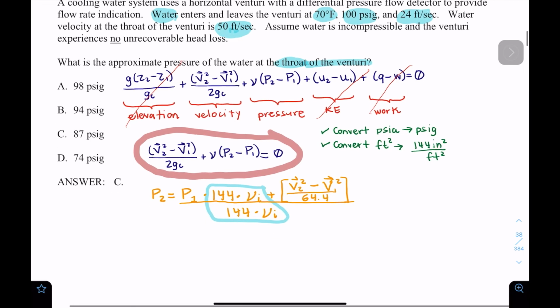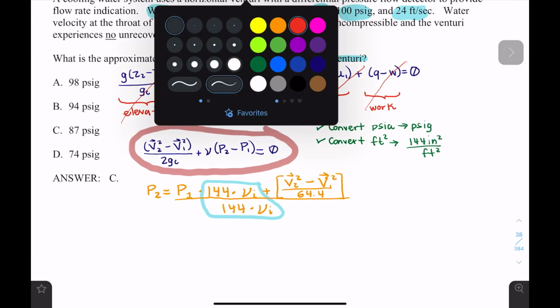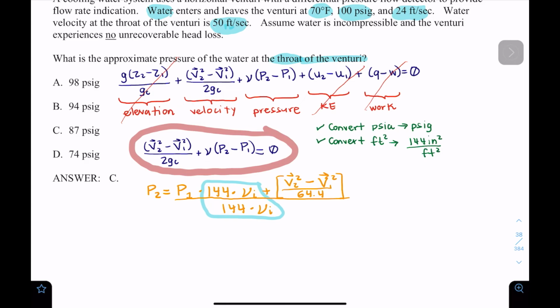Okay, so how will I solve this? The first thing that I'm given is the temperature of the water entering the Venturi.